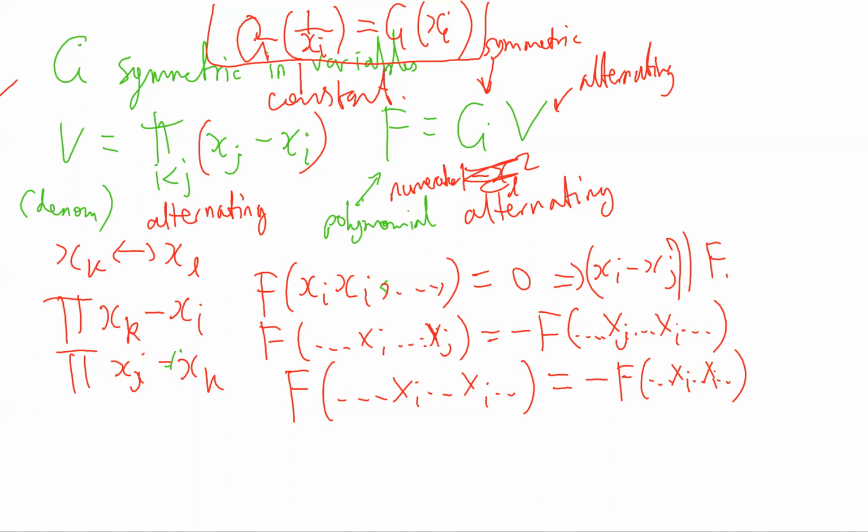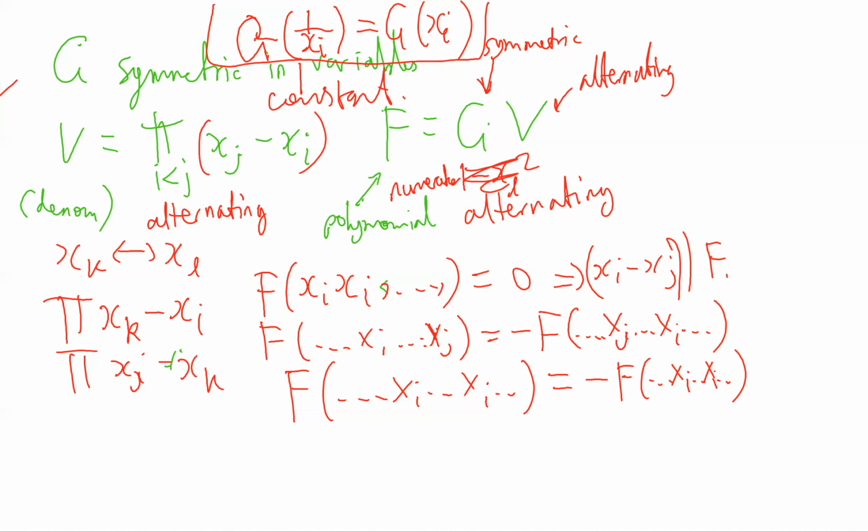And to prove directly that f vanishes when xi equals xj for some i not equal to j, but no other pair of variables coincide, we have to check carefully that the two non-zero terms in the sum cancel. So that's what we did yesterday.